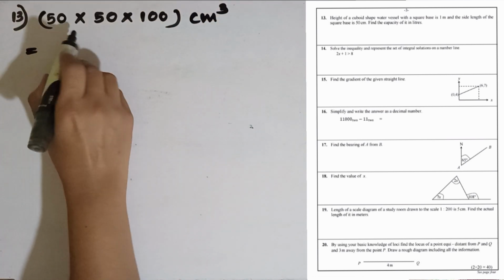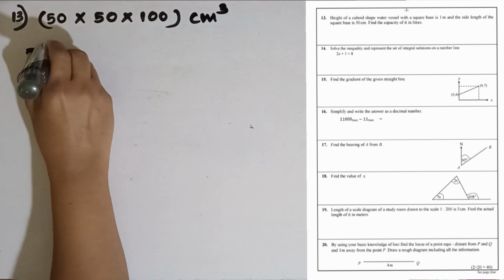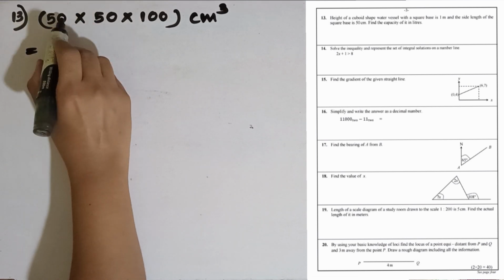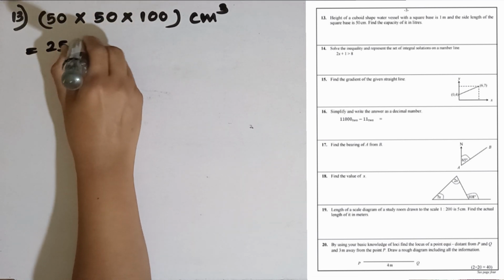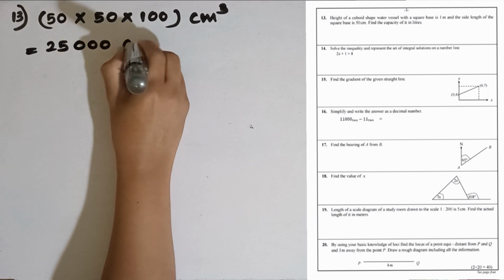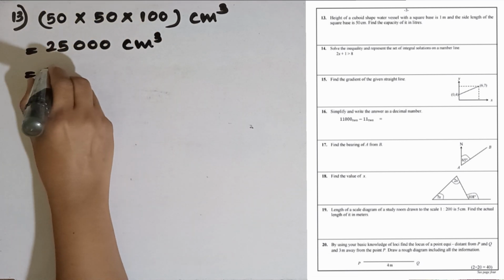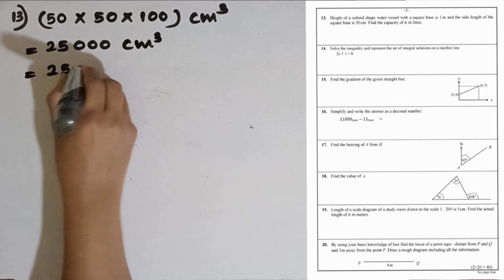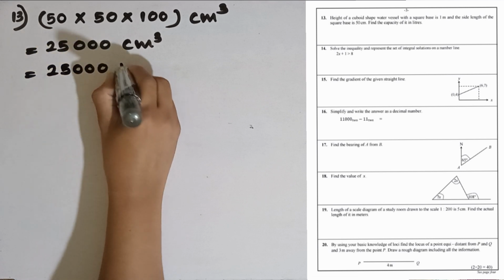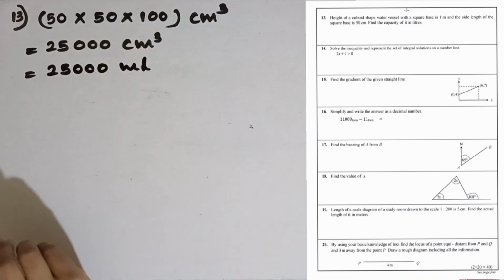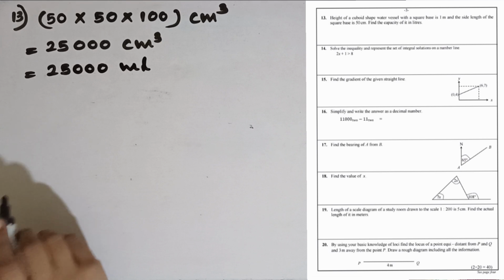What is the value here? 5 times 5 is 25. How many zeros? 1, 2, 3, 4. 25,000 cubic centimeters. This is equal to the same value in milliliters, as 1 cubic centimeter is equal to 1 milliliter.